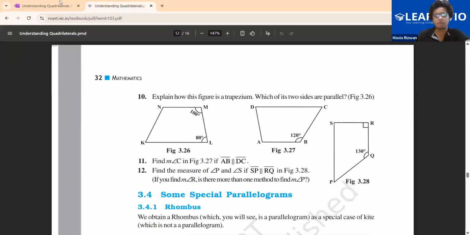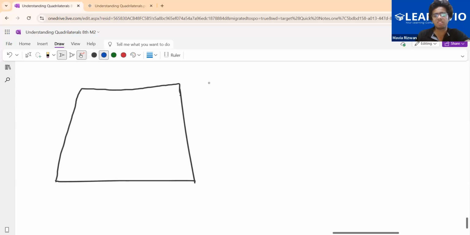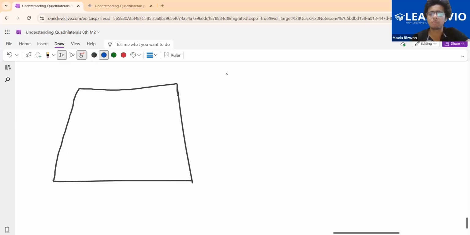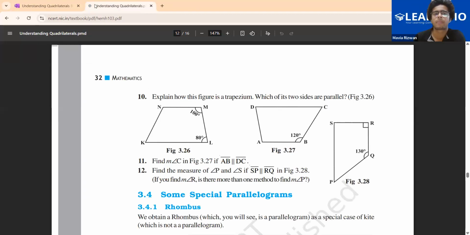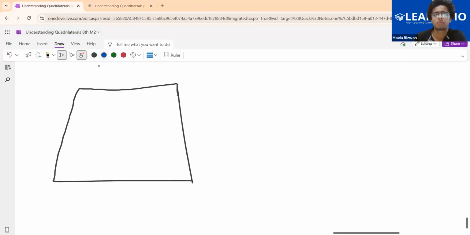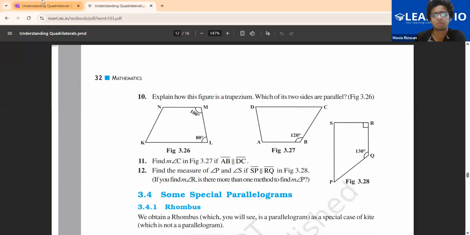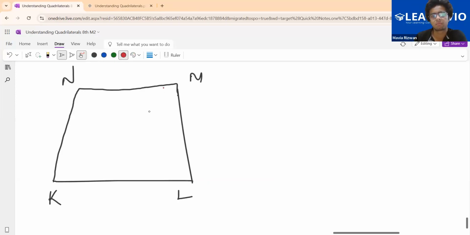Scroll back through your notes, everyone, and tell me what the definition of a trapezium was. Come on, do it.